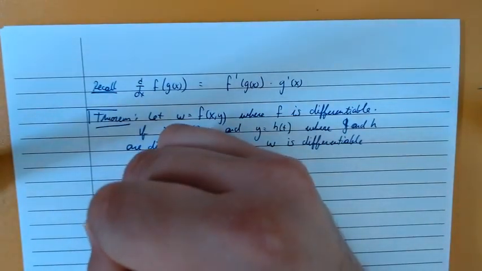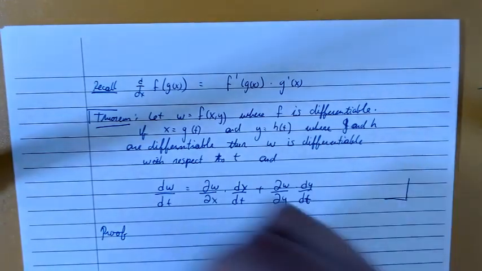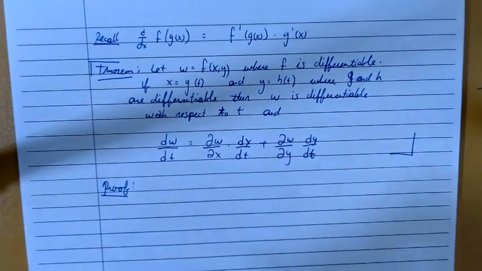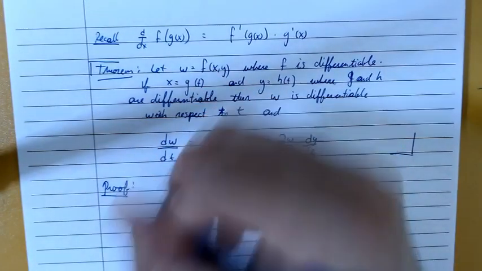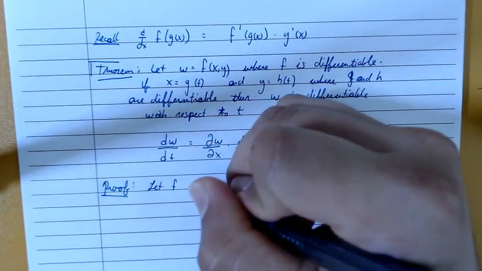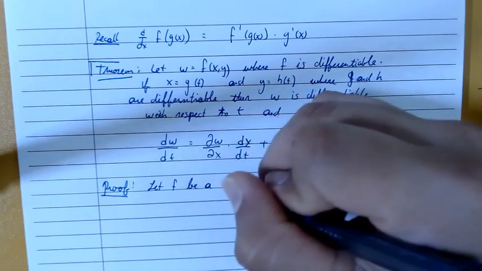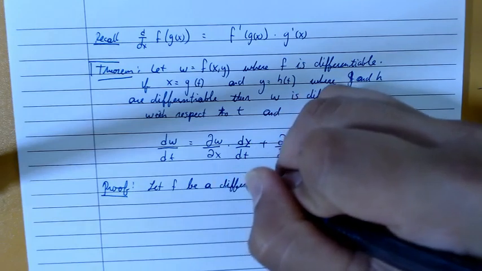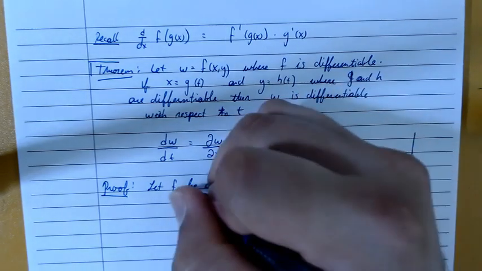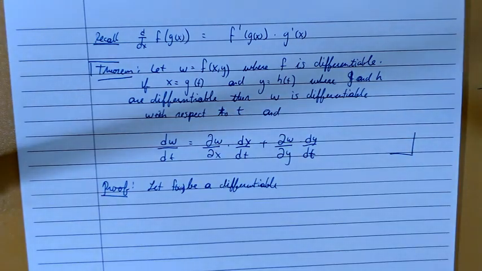The proof of this one is rather accessible and straightforward without any major trickery or any "where'd you pull that from?" So let's begin with f. Let f of x comma y be differentiable.